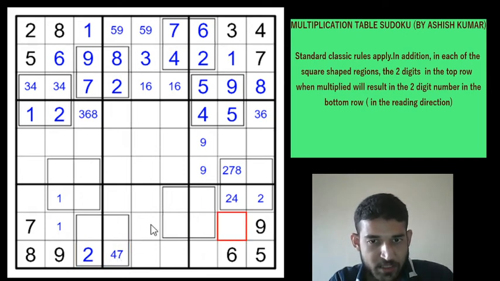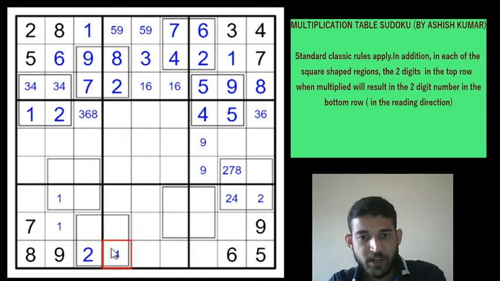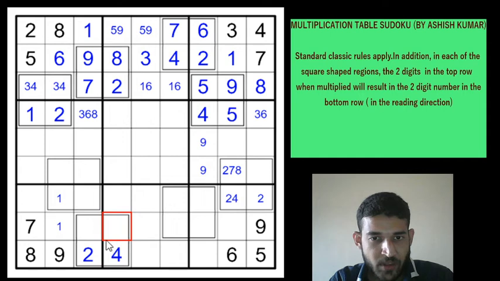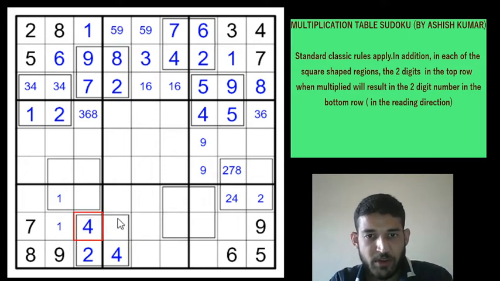You can't, because 9 into 3 will be your 27, but 9 is in row 8, so this will only be a 24. Now 24 can be achieved in two ways: 3 multiplied by 8 or 4 multiplied by 6. But 3 multiplied by 8 is not possible because you can't have the 8 here and you also can't have the 8 here. So this is only going to be 4 multiplied by 6. Alright?